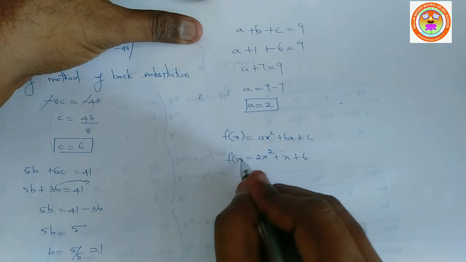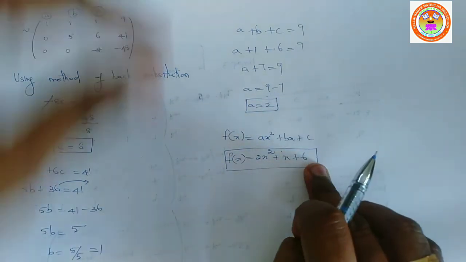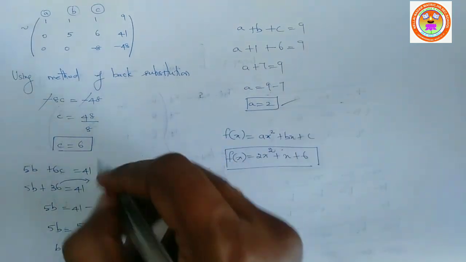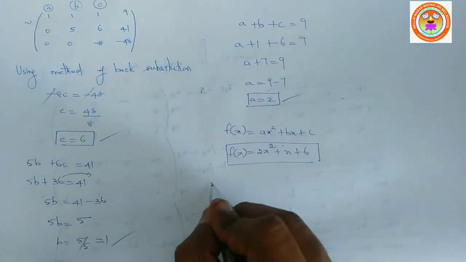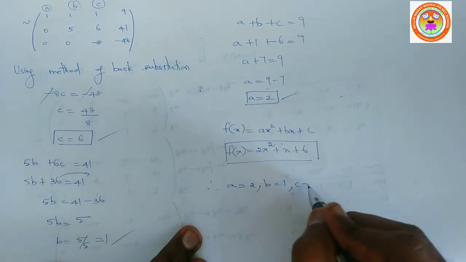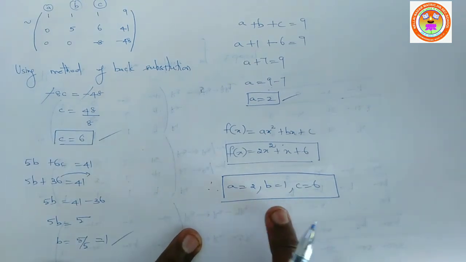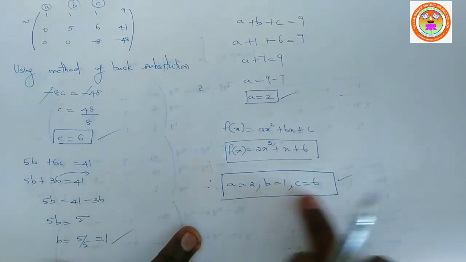So f of x is equal to 2x square plus x plus 6. But the main thing they are asking is A, B and C. Therefore, A is equal to 2, B is equal to 1, C is equal to 6. This is the main solution for this sum, because this is our question. This only we need to find.